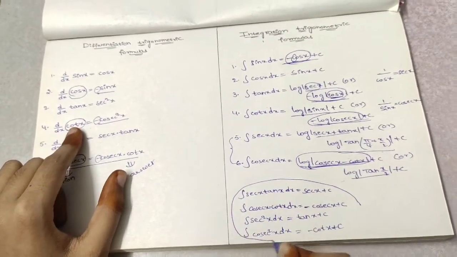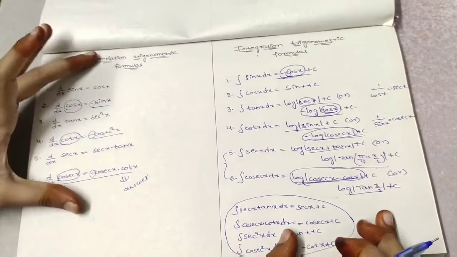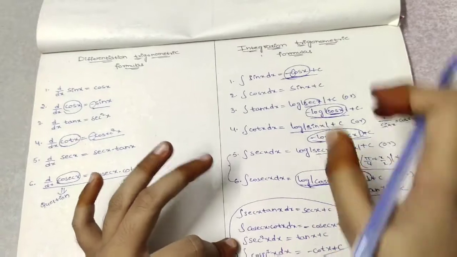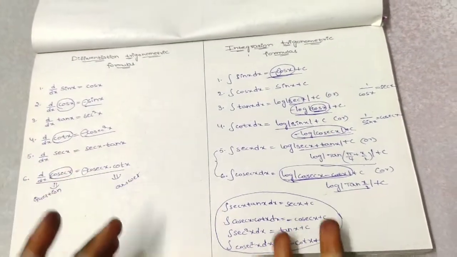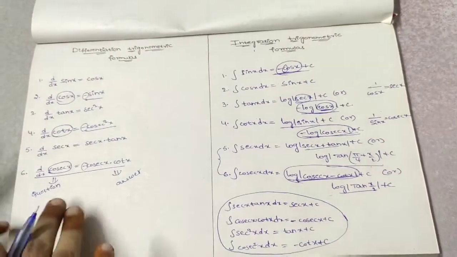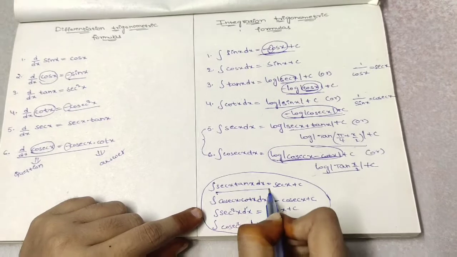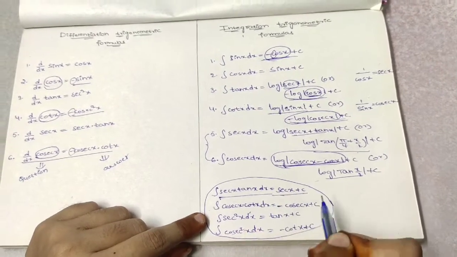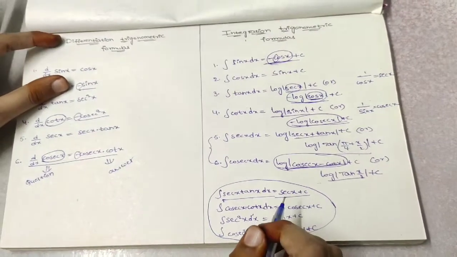These are the additional formulas which are not there in the differentiation. These formulas are there in the integration, and we have to read them additionally. Why?